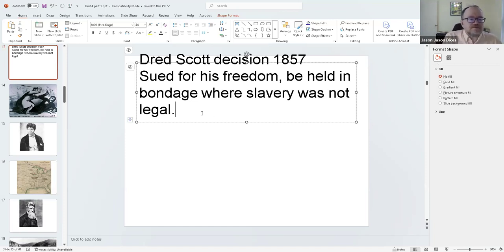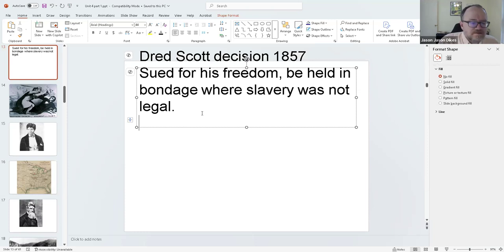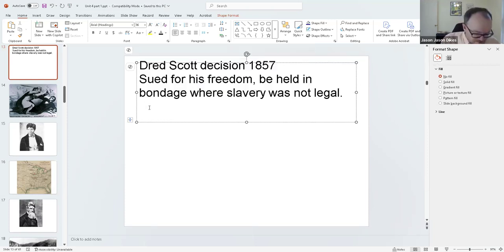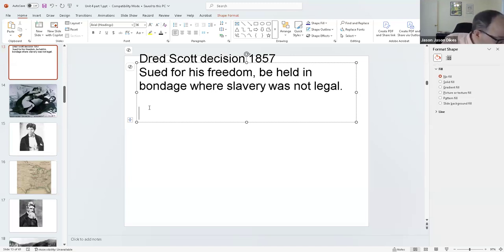And it finally wound up at the Supreme Court. This argument about whether or not Dred Scott had been held illegally. There were several similar cases making their way through the court system, and the Supreme Court will often just pluck one, rule on it, and be done with it. So, what did the Supreme Court say with regards to Dred Scott? 1857.